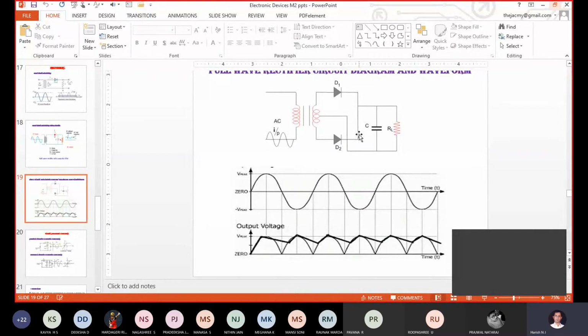Anyone, brief how the full wave rectifier circuit works and how we get the pulsating DC output? Later on we will move to the disadvantages of the full wave rectifier and how we can overcome them. Anybody?